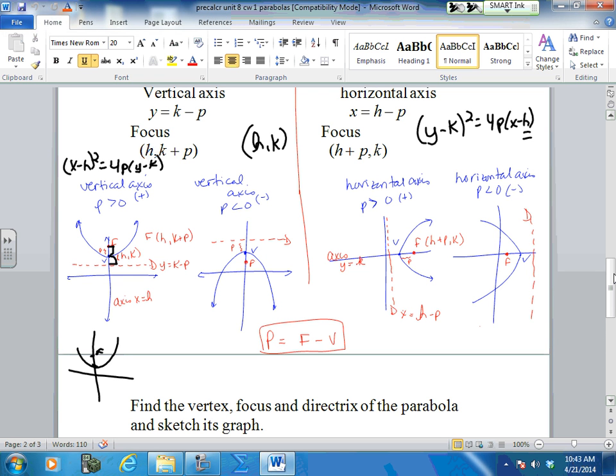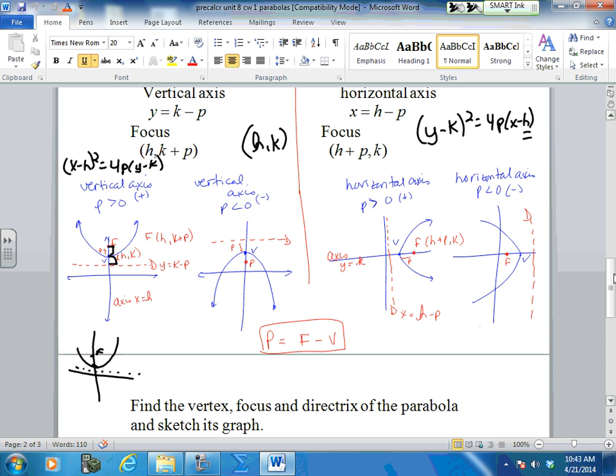My directrix is equidistant on the other side. So if my focus is up 1 unit here, my directrix would be down 1 unit here. There's a little equation that we use to say that the distance from here to here is the same as the distance from this directrix line to here.